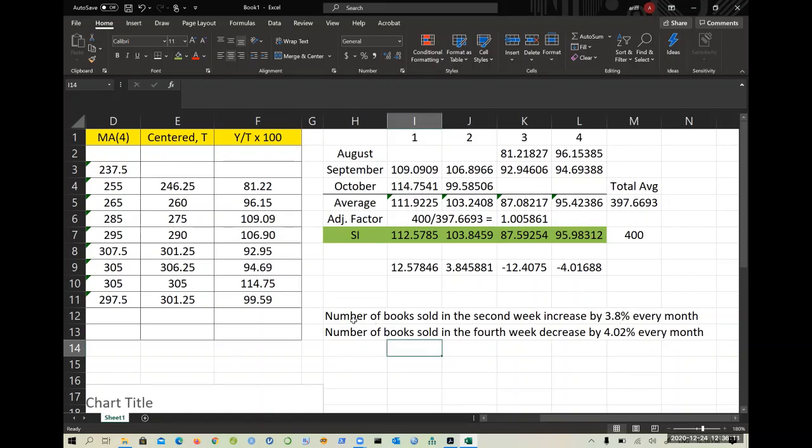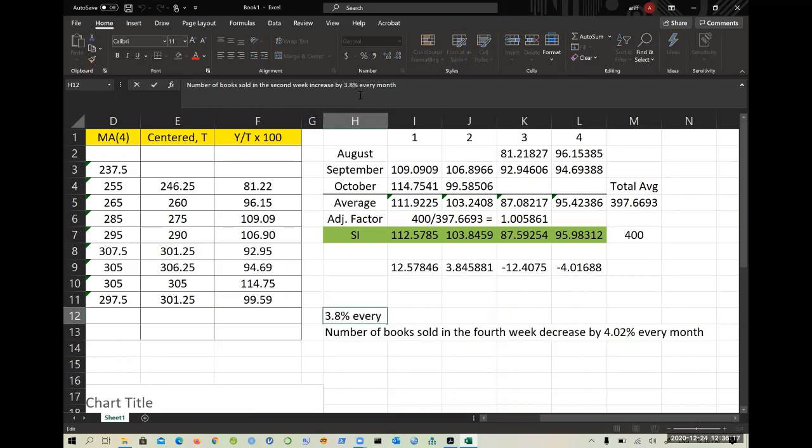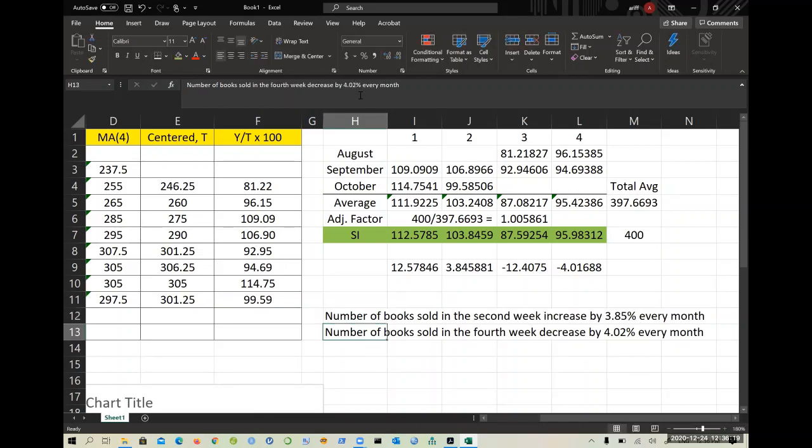Kalau nak lebih detail, kita akan dapat yang ini sama dengan 3.85%. Bagi 2 titik perpuluhan. So number of books sold in the second week increased by 3.85% every month. And the number of books sold in the fourth week decreased by 4.02% every month. So negative reflects decrease, positive reflects increase.